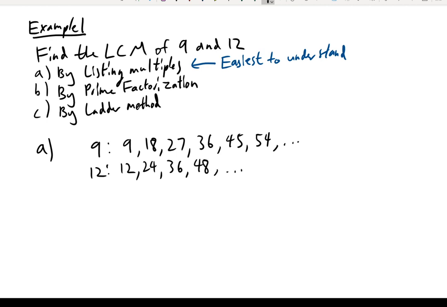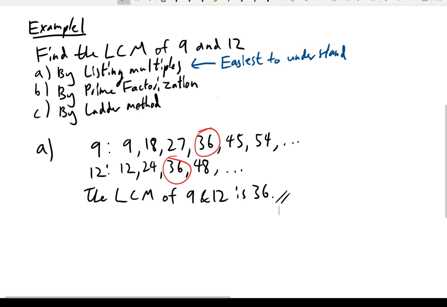And already we can see our common multiple has appeared, and this is the least one. The first one that appears to be the same will be the LCM. So once we found this, then we can write down, the LCM of 9 and 12 is 36. And then that's your answer.